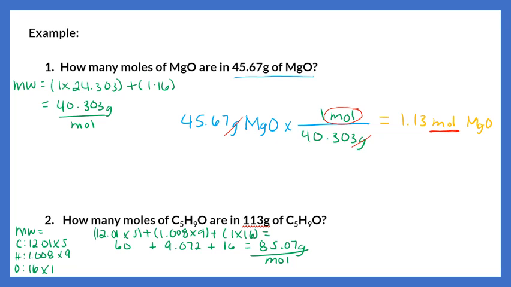And so now we have 113 grams of C5H9O times the molecular weight.